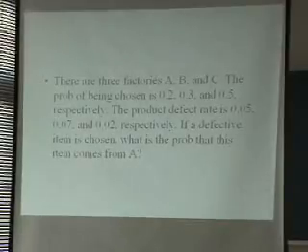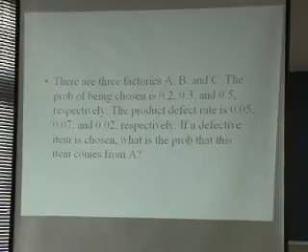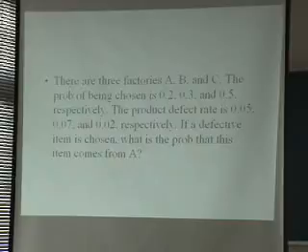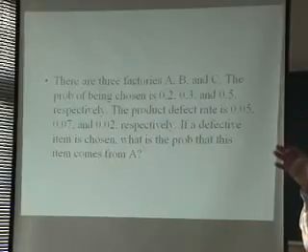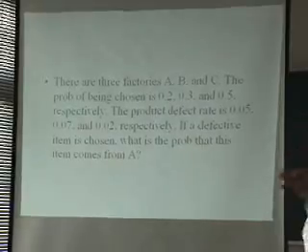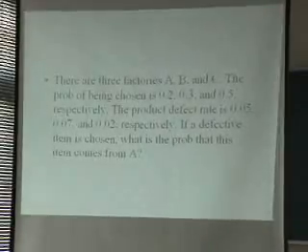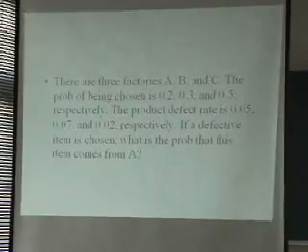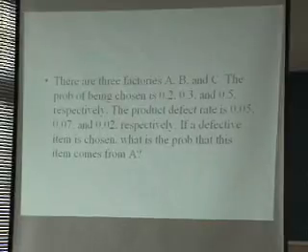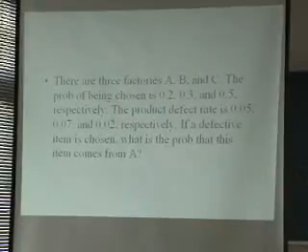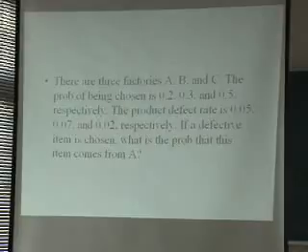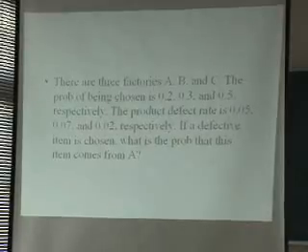So given that it is already defective, what's the probability it comes from A? The number we just got is the denominator, and the numerator is 0.2 times 0.05, divided by the number we got. This is an application of Bayes' theorem.